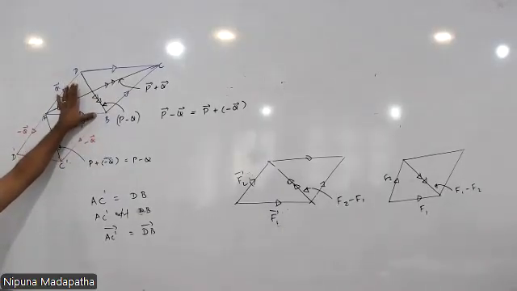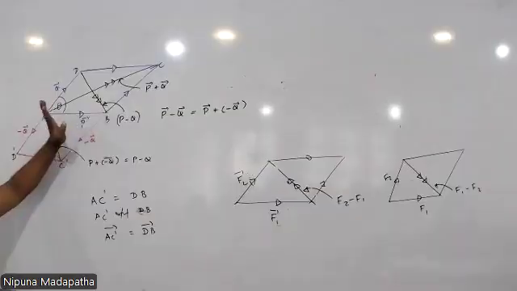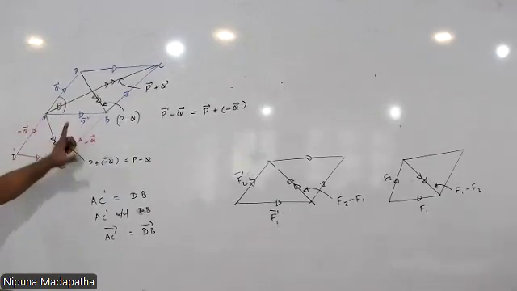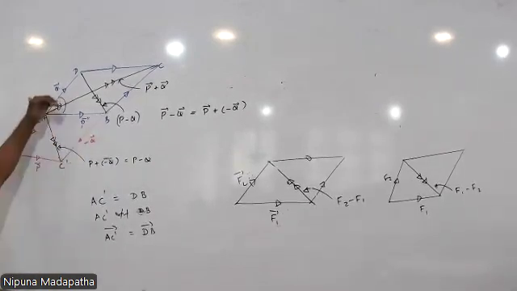For this occasion it is DB, right? Diagonal DB or BD. If you take Q minus P, it should be BD, diagonal DB or BD, right?